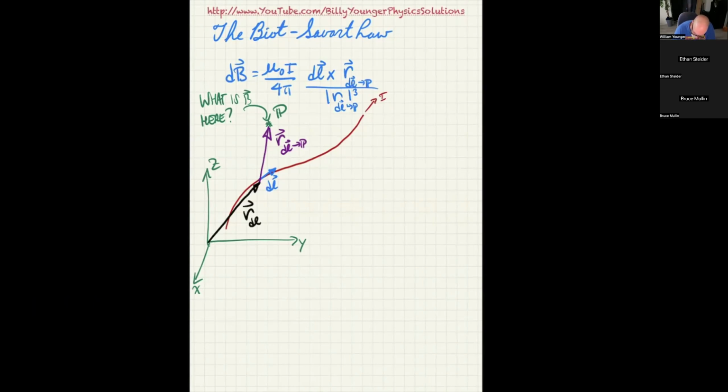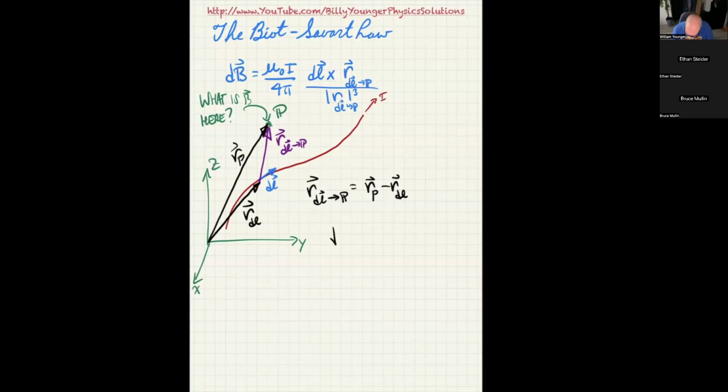And then there's a vector that points to P, and that's called the vector R P. Then R dl to P is actually equal to R P minus R dl. So that's two ways of interpreting it.